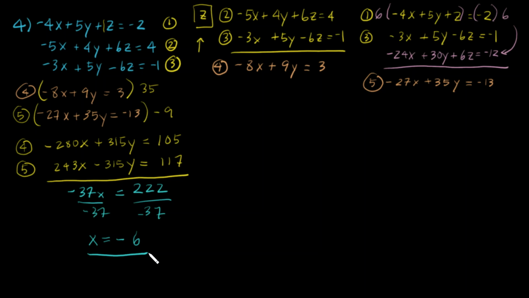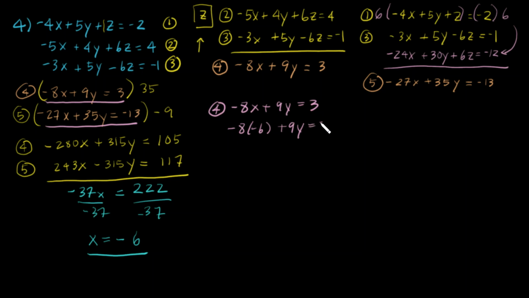Good job. Now we need to find our second variable. I can either use 4 or 5. I'm going to use 4. So we have negative 8x plus 9y equals 3. And negative 8 times negative 6 plus 9y equals 3.